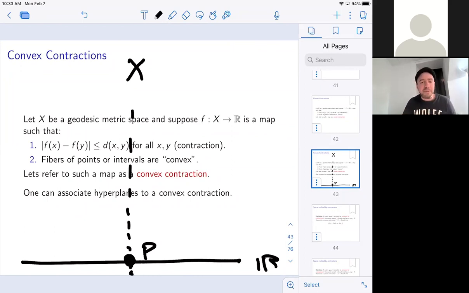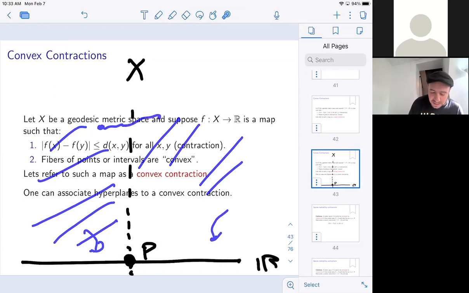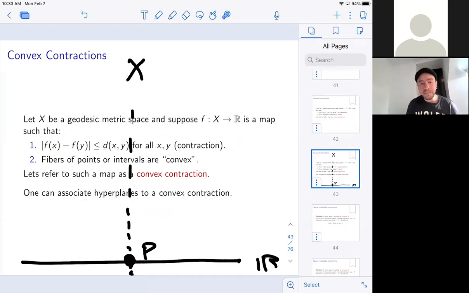I'm defining a hyperplane to be the pre-image of a point here. And it is going to be a hyperplane in a very meaningful way, because this side is going to project here, and this side is going to project here. Any path that goes from this side to this side must cross the hyperplane by the intermediate value theorem. Namely, if something projects here and something else projects here and you take a path between them, you have to have something that projects to P.